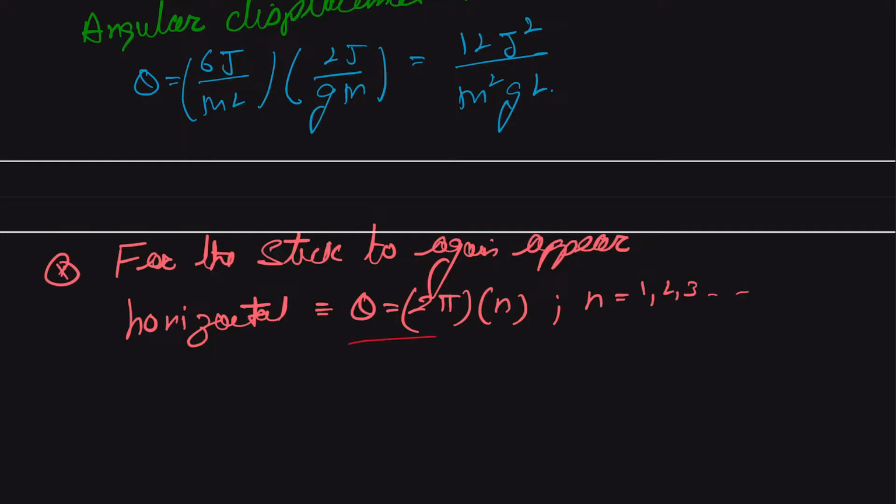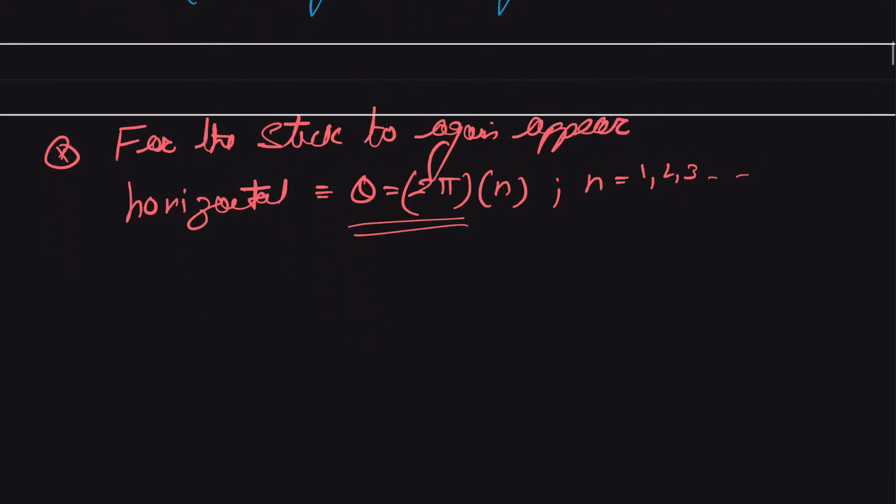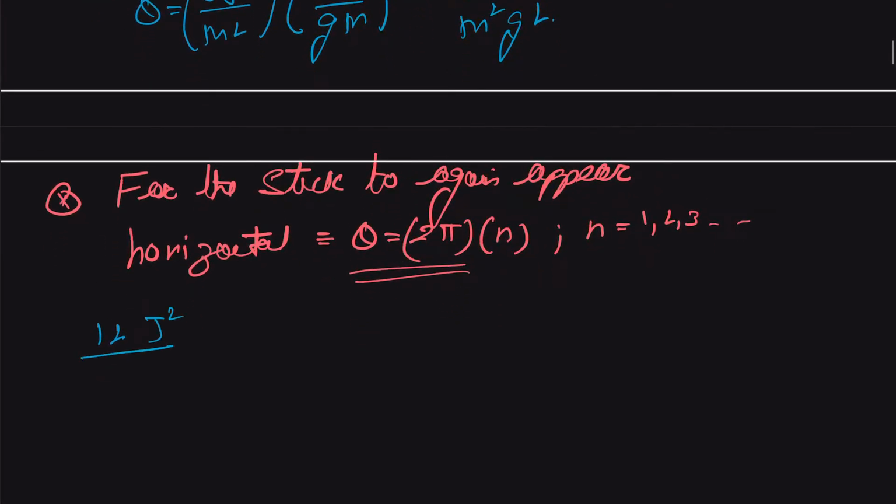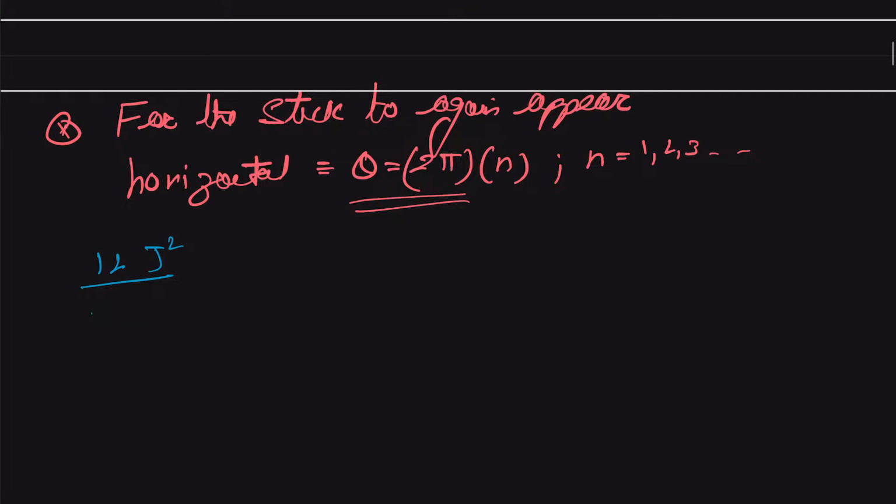This is the important condition: the stick starts at a horizontal position and returns to the same height horizontally. We just calculated theta, so we can substitute it. So we can say 12J square upon m square gl is equal to 2 pi times n.